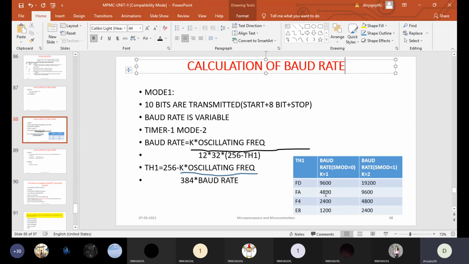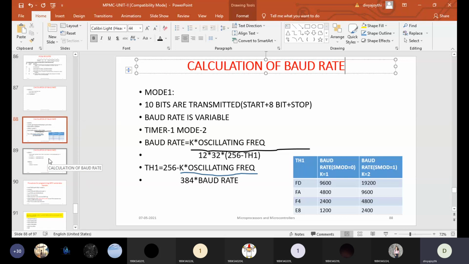Similarly, for 4800 it is FA, for 2400 F4, and for 1200 it is E8. And if you multiply these values by 2, you get this particular result, which indicates that if SMOD is equal to 1, the existing baud rate gets doubled. That is how the baud rate is variable in mode 1.